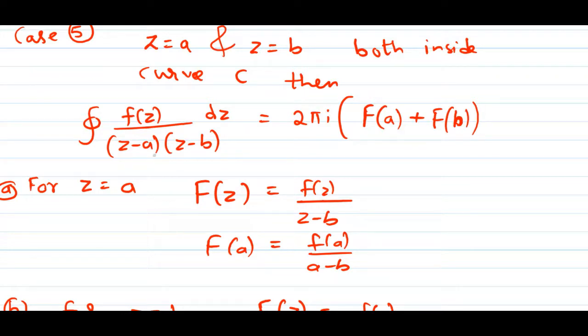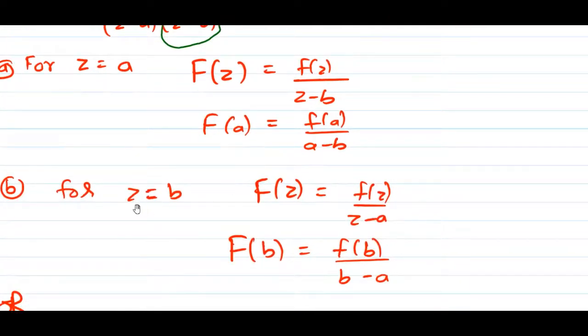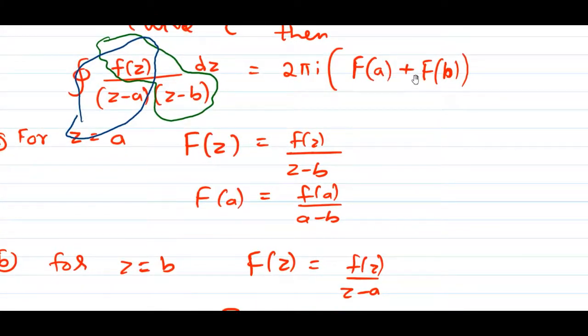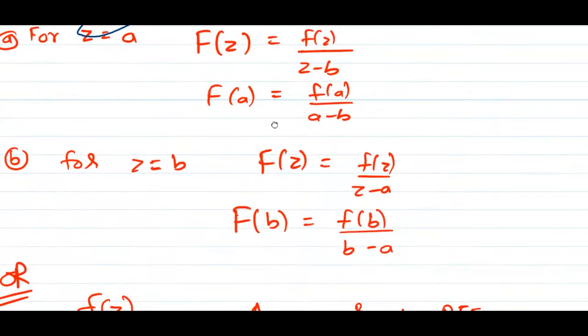So when you are calculating at z equal to a, this will be your capital F of z. And when you are calculating at point z equal to b, in that case your capital F of z will be this term, f of z upon z minus a. So integration answer is 2 pi i times capital F of a plus capital F of b.